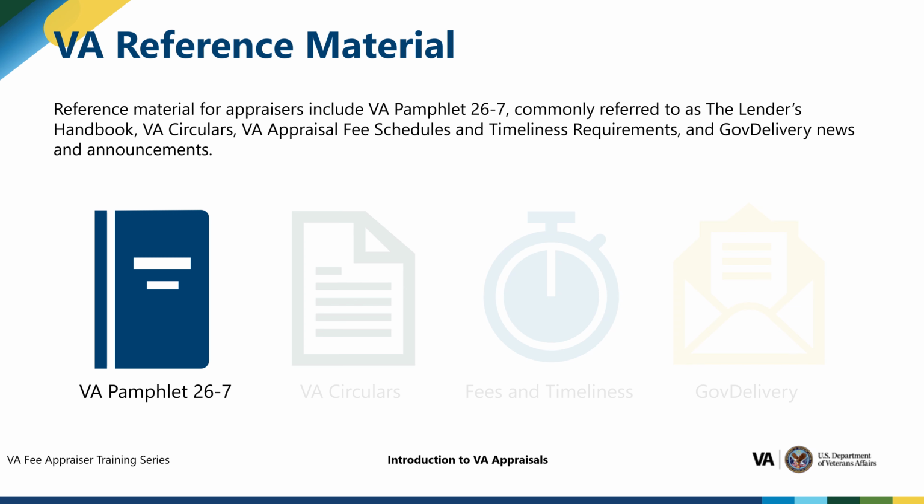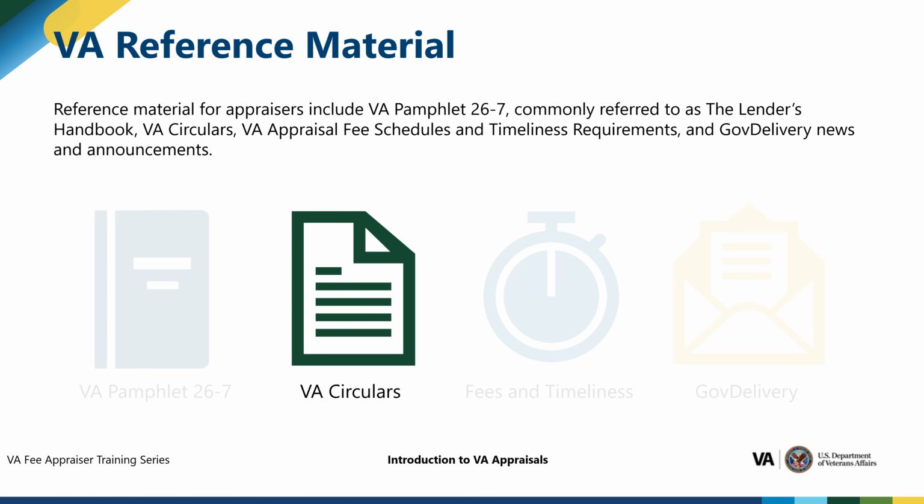VA Pamphlet 26-7, often called the Lender's Handbook, is the primary reference manual for VA Home Loan Program participants, including appraisers. Refer to VA Pamphlet 26-7 for all guidelines pertaining to the appraisal process, appraisal report, and VA MPRs.